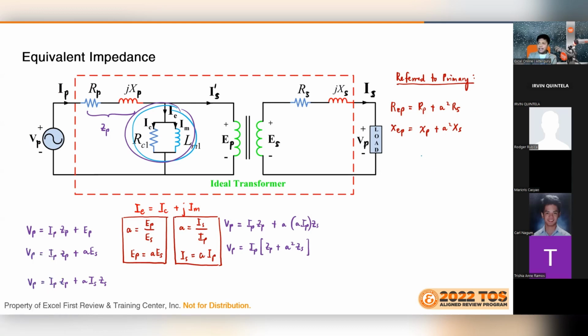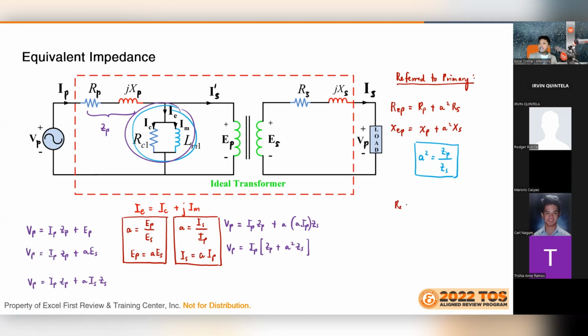Pag gumamit tayo ng A squared na yon. So that's Zp over Zs. Ito yung kapag ka-stand alone lang, no? Pero pagka may ililipat tayo sa kabila, ito yung gagamitin natin. Now that's referred to primary.